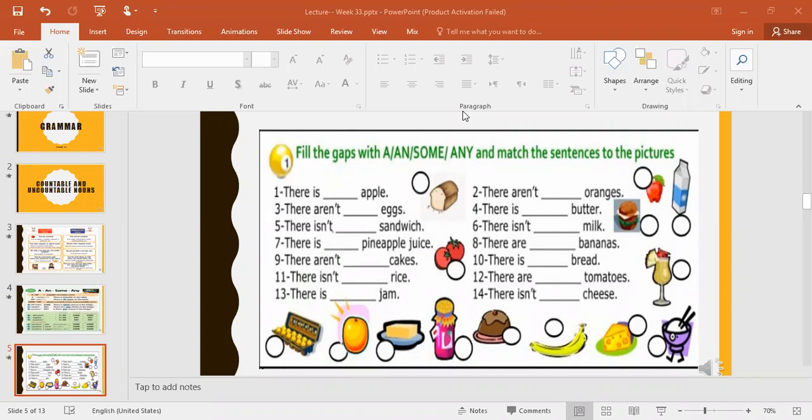Okay. There are a tomato. Is it tomato or tomatoes here? There are some tomatoes. Some tomatoes. Thank you.